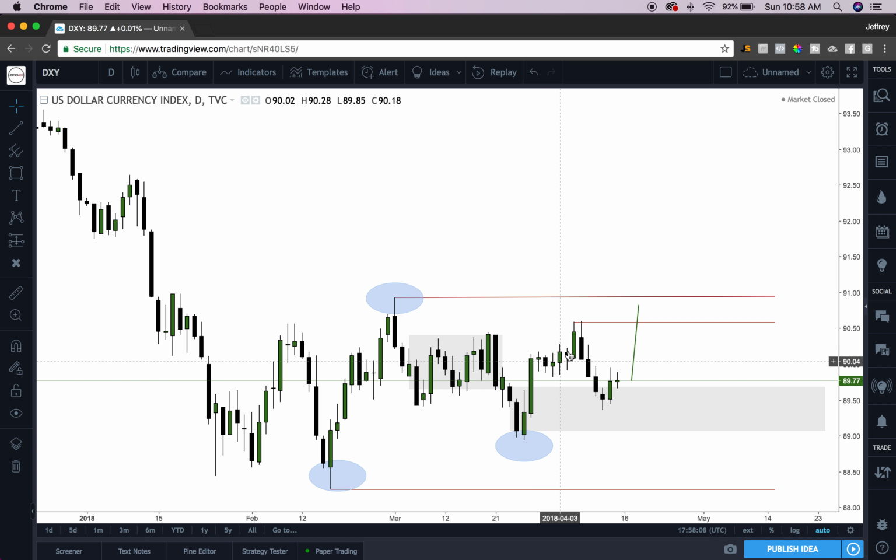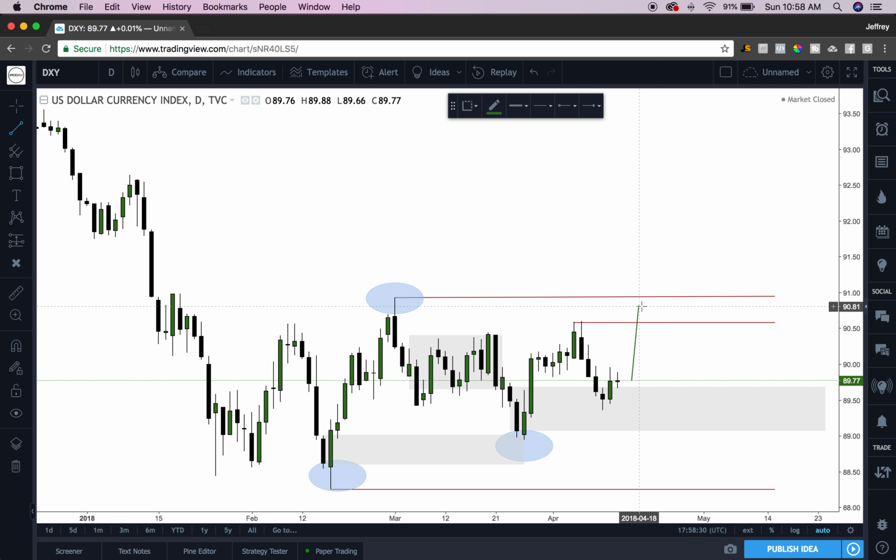So we pushed up above this consolidation, took out the stops. Now look what we're doing, the same thing that we did here.